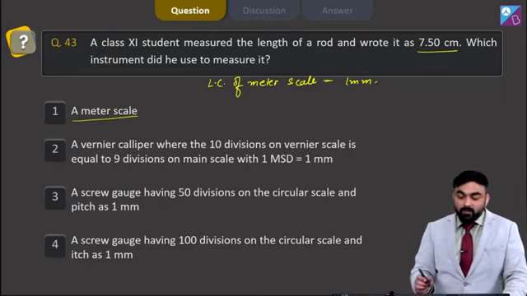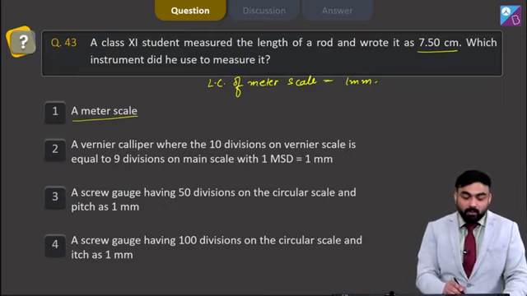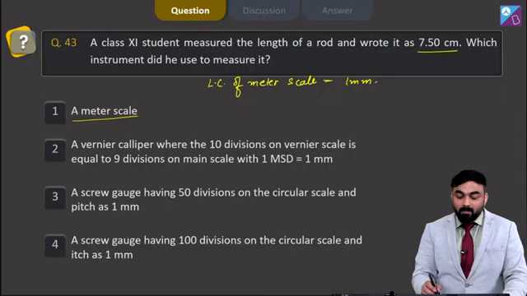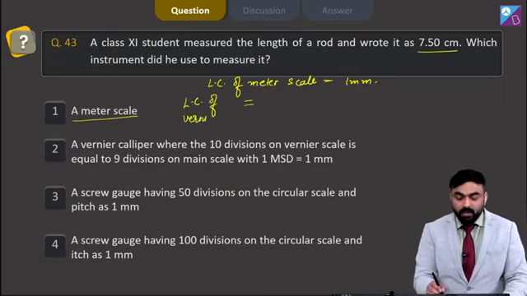Okay. Now if we talk about option number 2, which says a vernier caliper where 10 divisions on vernier scale is equal to 9 divisions on main scale with 1 MSD is equal to 1 mm. So if the student had measured the length of the rod using vernier caliper, least count of vernier scale would come out to be 1 MSD minus 1 VSD.